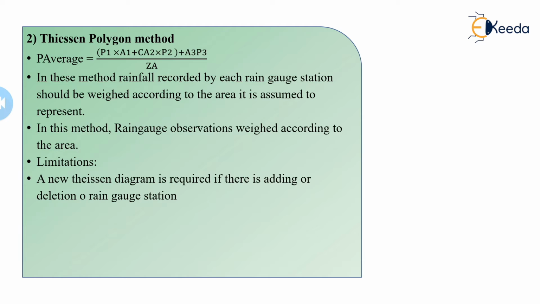If we add a rain gauge station, we have to draw a new Thyssen diagram. If we delete a rain gauge station, we have to draw a new Thyssen diagram. So there is a limitation.